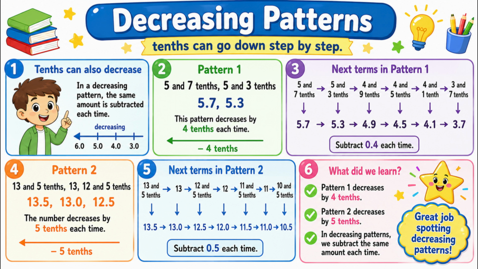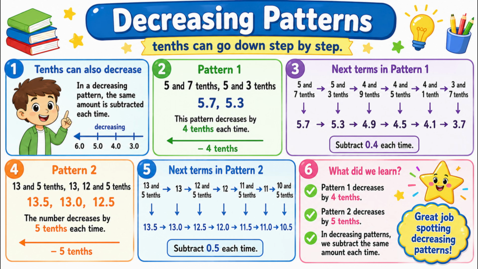Decreasing patterns. Tenths can also decrease. For example, 5 and 7/10, 5 and 3/10. This pattern decreases by 4/10 each time. So the next terms are 4 and 9/10, 4 and 5/10, 4 and 1/10, and 3 and 7/10.